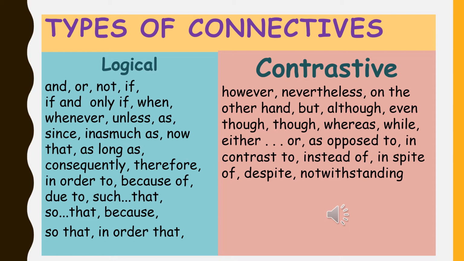Contrastive connectives include however, nevertheless, on the other hand, but, although, even though, whereas, while, either or, as opposed to, in contrast to, instead of, in spite of, despite, notwithstanding.